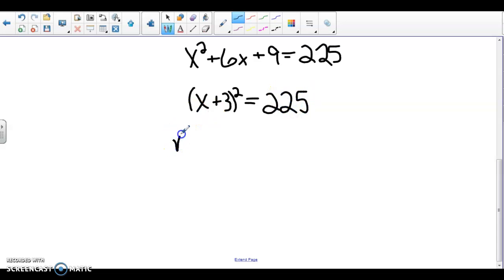And if you take the square root of both sides of that, you get the positive and negative square root of 225.